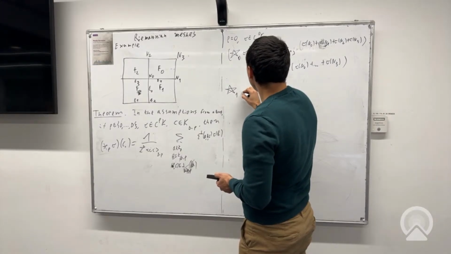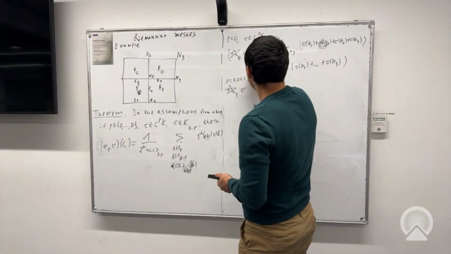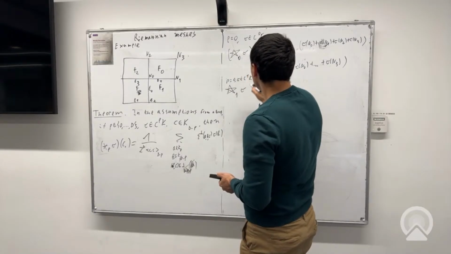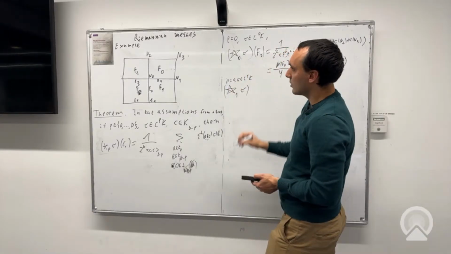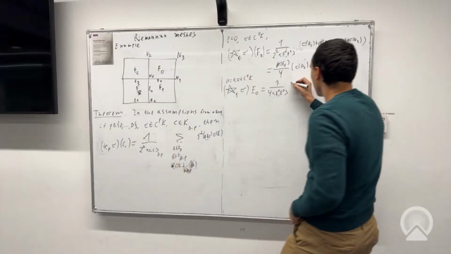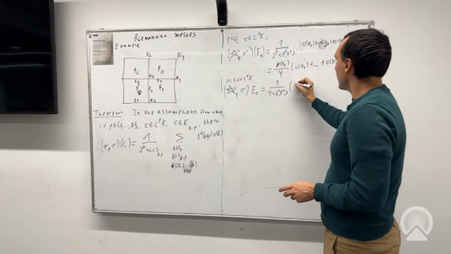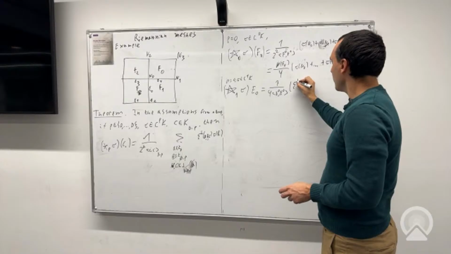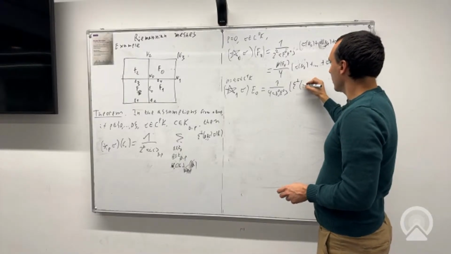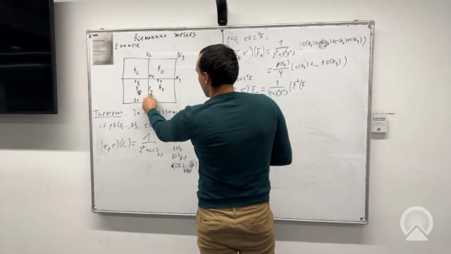Star 1 of sigma, so P is 1, sigma is a 1 cochain. If we can apply it, then we have to use orientations. Here, I don't know the signs, so I'll just keep it that way. So I have epsilon of E perpendicular F. This perpendicular with this is in F1.